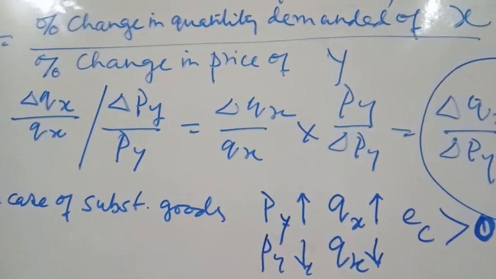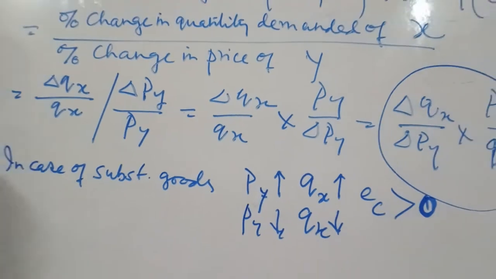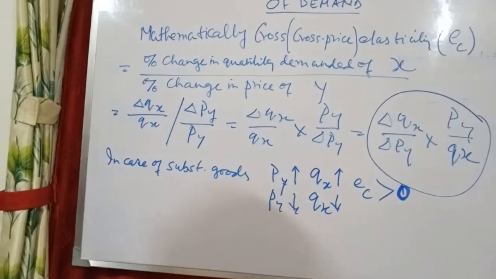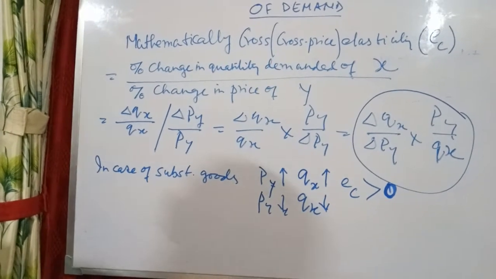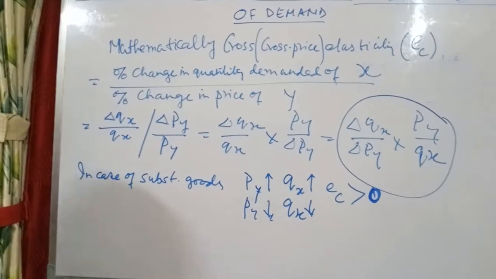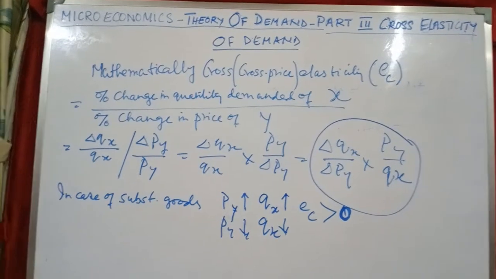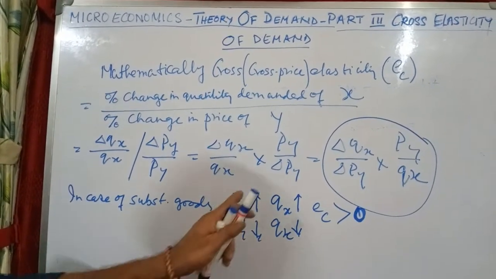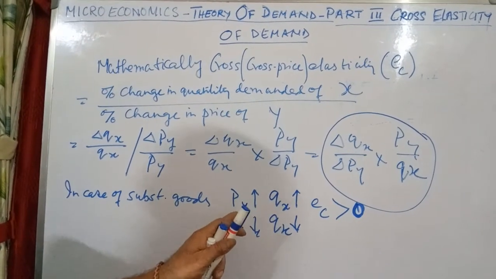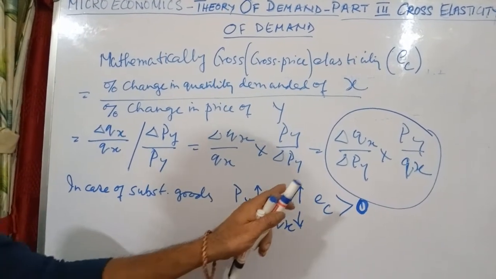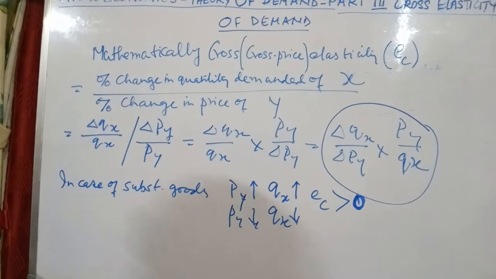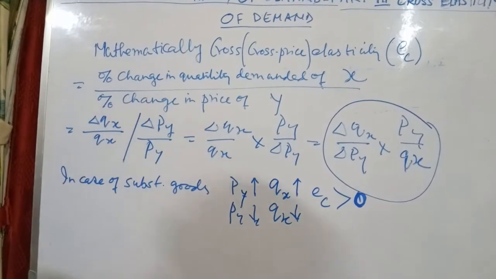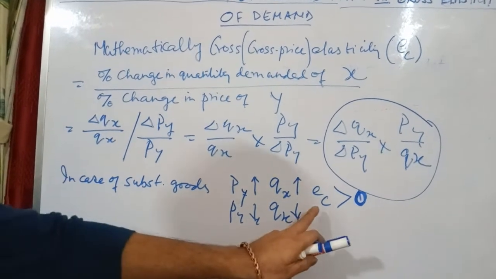So change in price of Y and change in quantity demanded of X move in the same direction if the goods are substitute goods. That is, when price of Y increases, quantity demanded of X also increases. When price of Y falls, quantity demanded of X also falls. So cross elasticity is greater than 0.